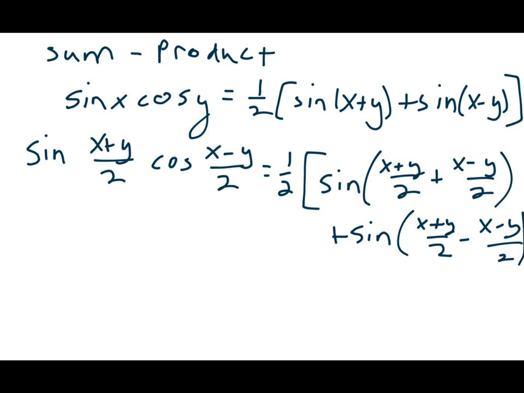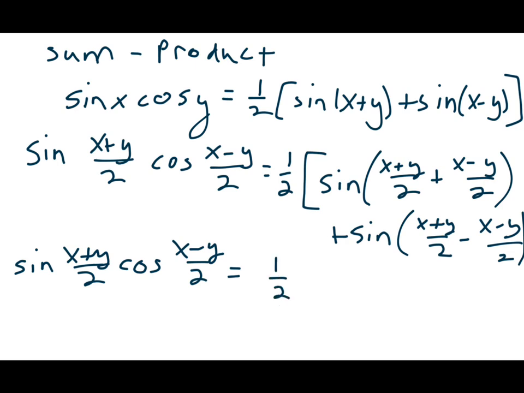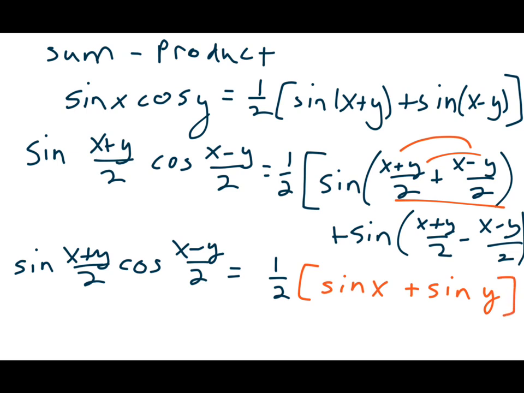When I combine those down, you see that on this first one I have 2 x's and then the y's cancel. And if I have 2 x's divided by 2, I'm left with just x. So I have sine of x, and the same way with the other side, I have sine of y. Then multiply both sides by 2 to get rid of that 1/2.